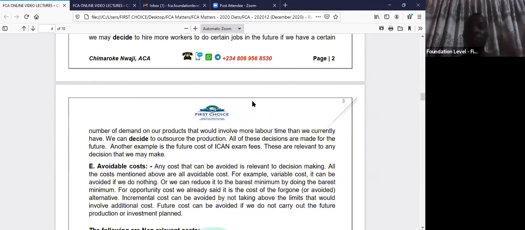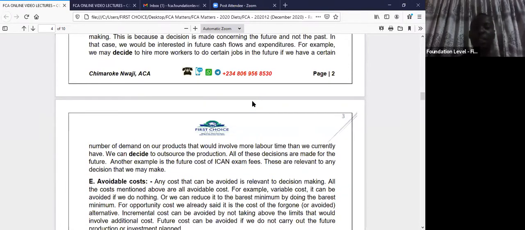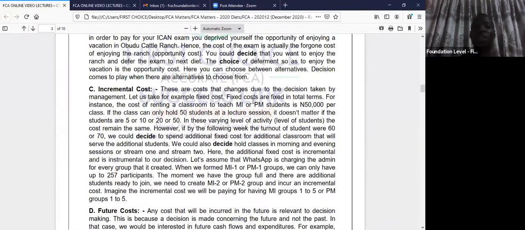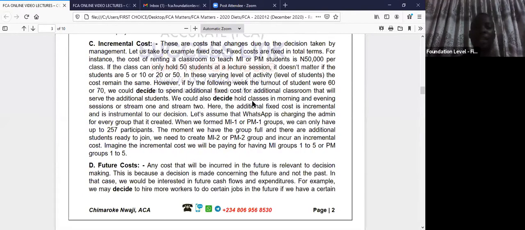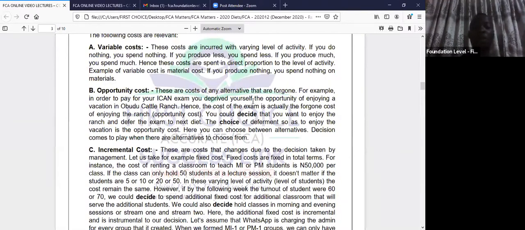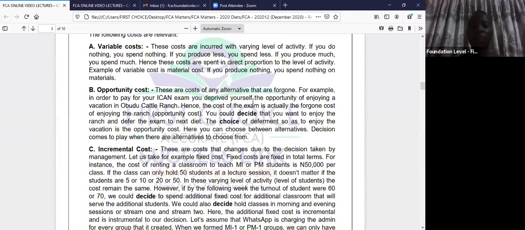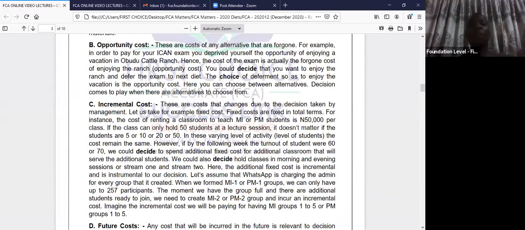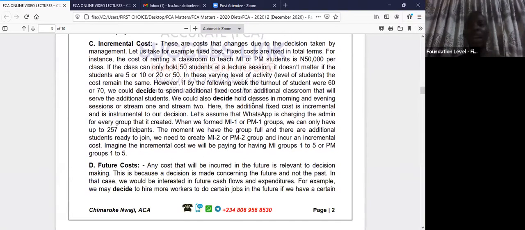When we're talking about non-relevant costs, you get to understand this point. So we will say that a relevant cost is a future cost that is either incremental in nature. Okay, let me start again. A relevant cost is a future variable cost or fixed cost that is incremental in nature or an opportunity cost that could be avoided.